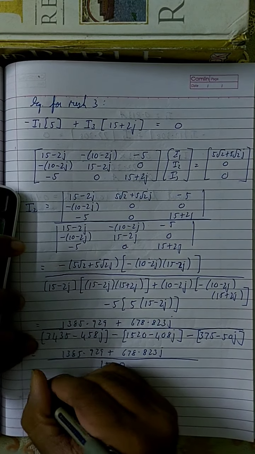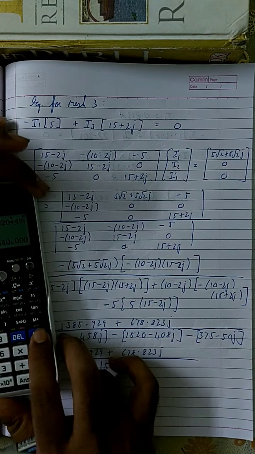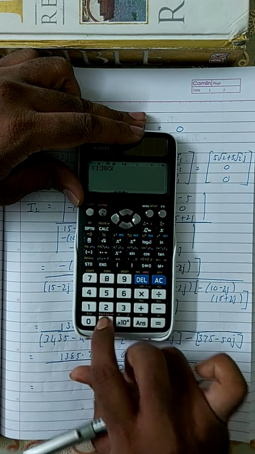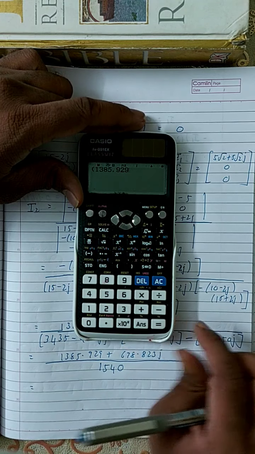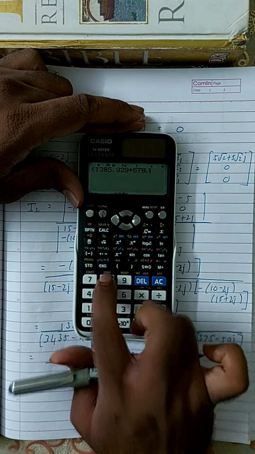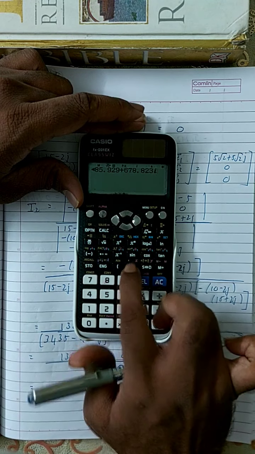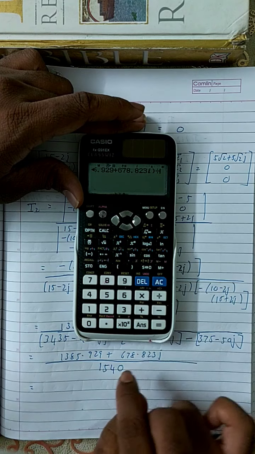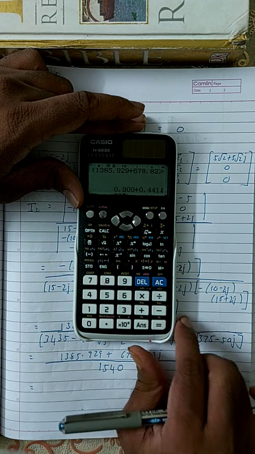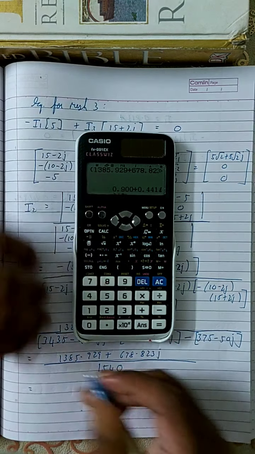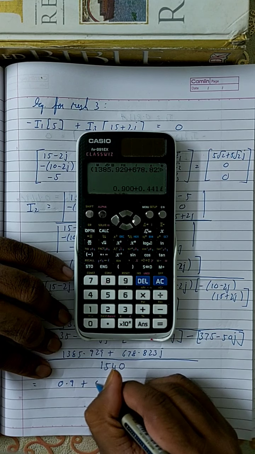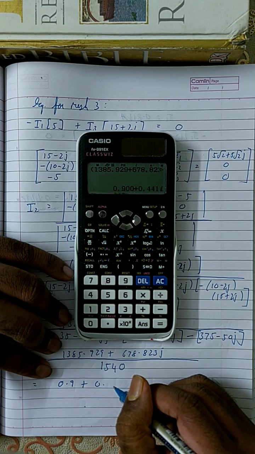So which means the value of I1 is 1385.929 plus 678.823j divided by 1540, and you get the answer as 0.9 plus 0.441j.